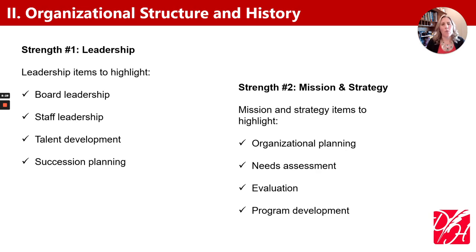Perhaps it's about the way that, as we've grown as an organization, we've been focusing on succession planning. Maybe we're thinking about our founder now moving into more of an advisory role, starting to transition to an executive director that was not part of the founding of the organization.